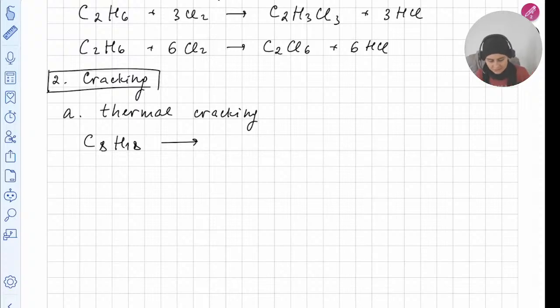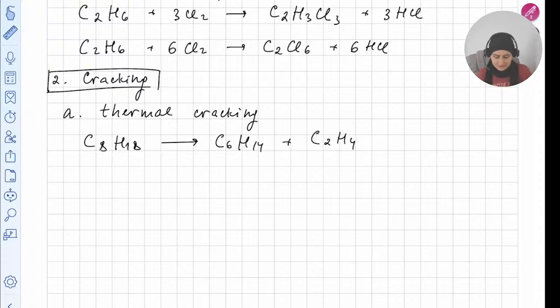I could form, for example, C6H14, which is an alkane, right? CnH2n plus 2. And then the other one, what would it be? So if I have C6H14, I randomly chose this molecule, then the other molecule must be C2, because I have to make 8 carbons in total. And then H would be 4. And that's balanced.